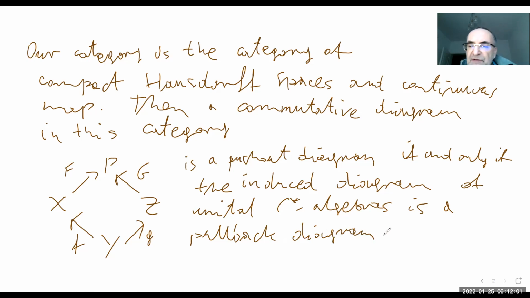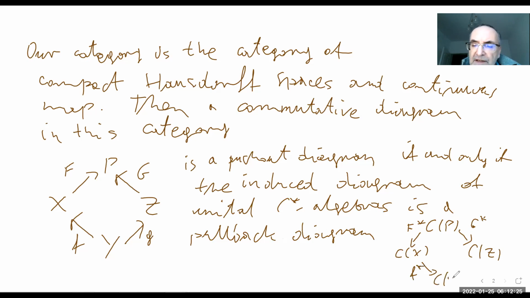And this induced diagram is, of course: take all continuous functions on P, then you take the pullback of the continuous map F, that's a star homomorphism into the unital C-star algebra C of X. Likewise on the other side, G star, C of Z, lowercase f star to C of Y, and lowercase g star from C of Z to C of Y.